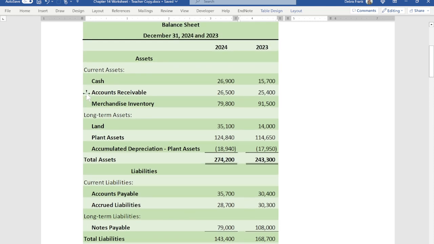All right. And so we see 2024 was 26,500 and 2023 was 25,400. So we have an analysis that accounts receivable increased by 1,100.